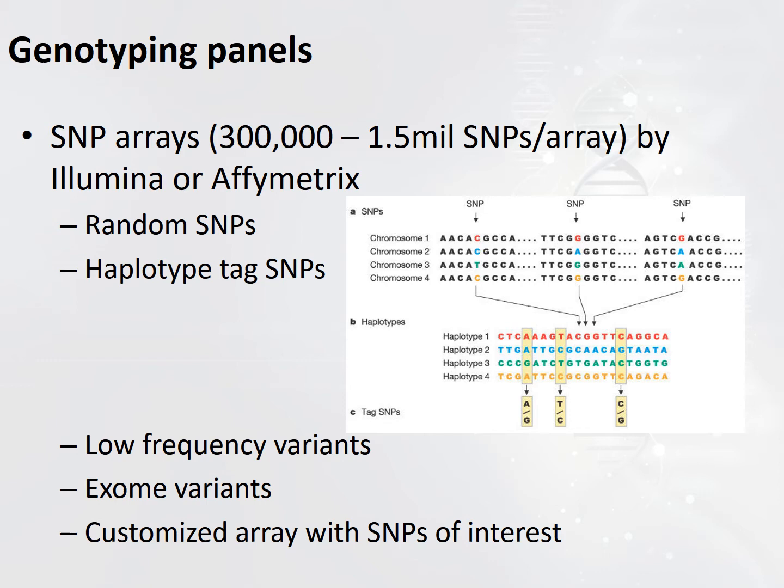You can also have customized arrays where you add SNPs of your own interest. So there are many choices, and depending on the frequency of the variants in a specific population, some might be better suited than others to answer a specific question. So before you embark on a genome-wide association study, you need to be very careful in selecting the right array that will help you identify a particular association.